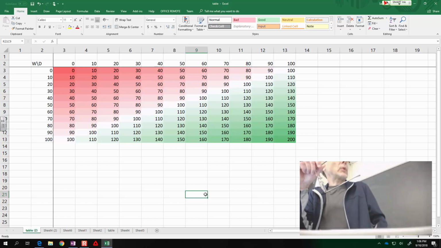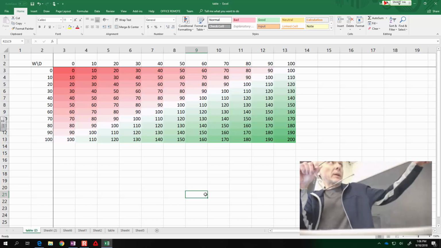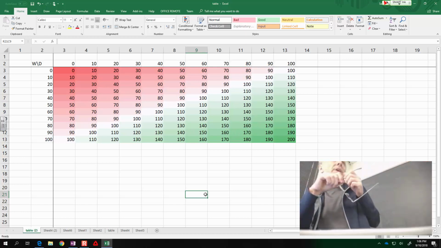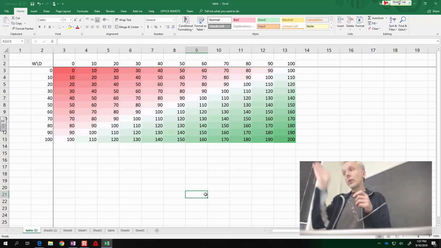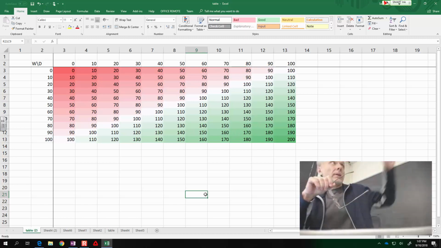Let's start at the bottom and go diagonally up to the right, at 45 degrees. What's happening?